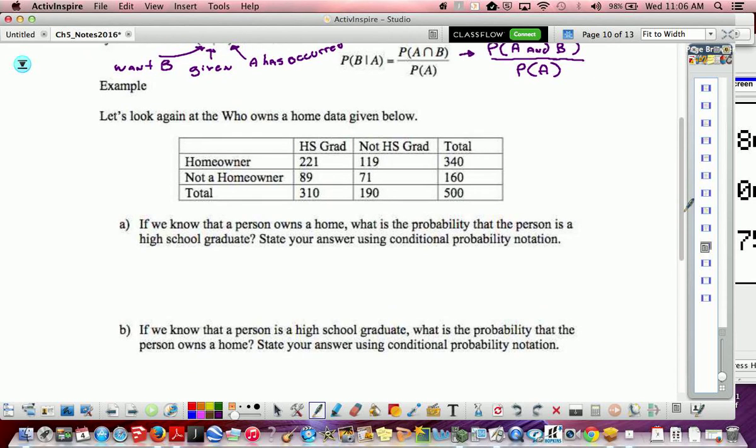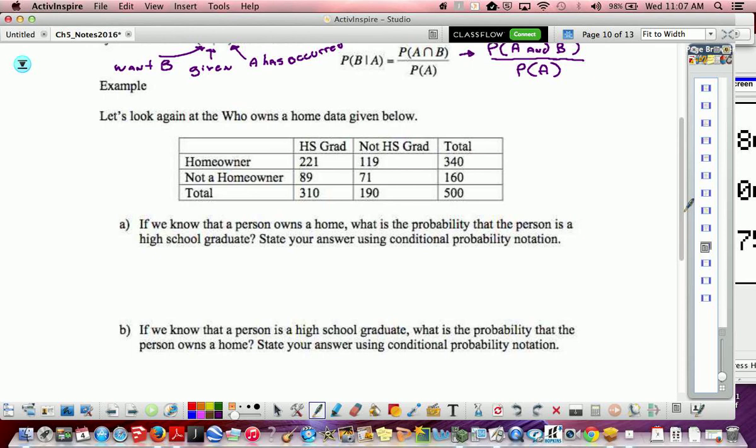Okay, to show you how you can set up this problem and calculate it. Here in this first example, it says let's look again at the who owns a home data given below. We're using this exact same table from yesterday, when we did Venn diagrams and calculated some probabilities. In question A, it says if we know a person owns a home, what's the probability that the person is a high school graduate?